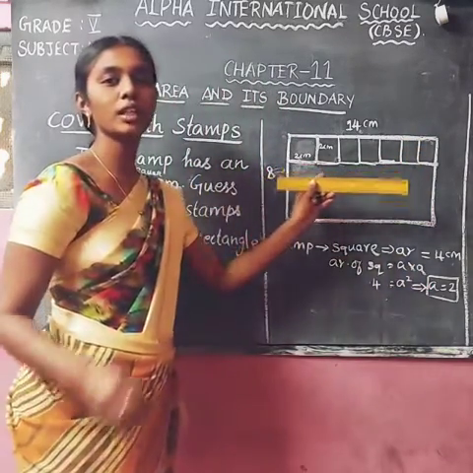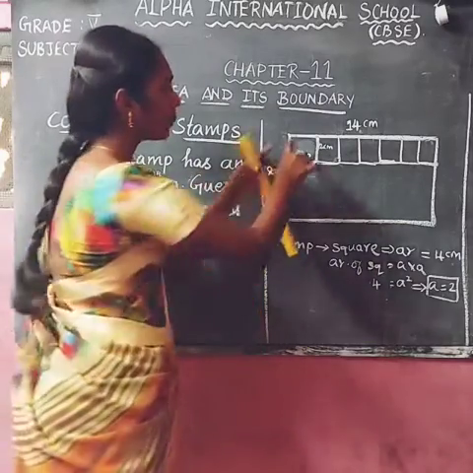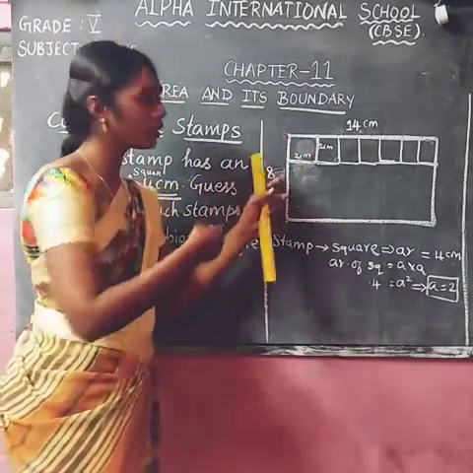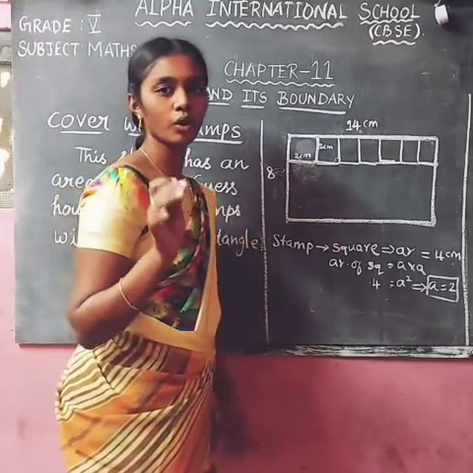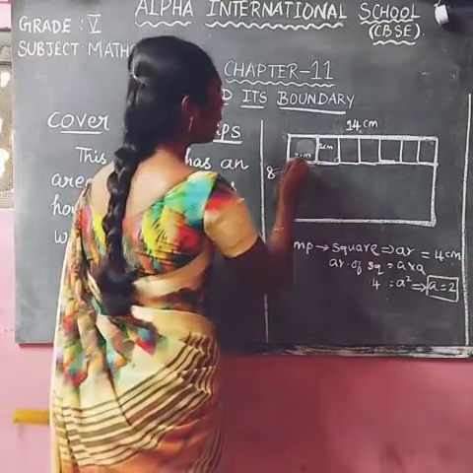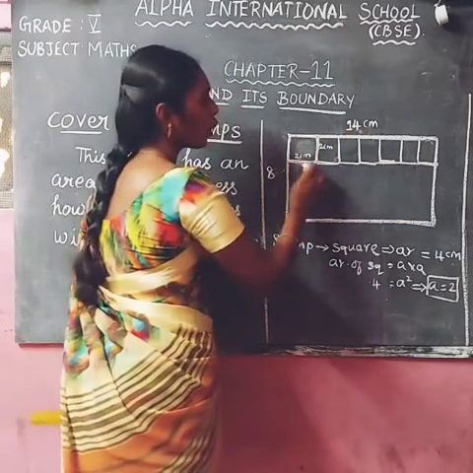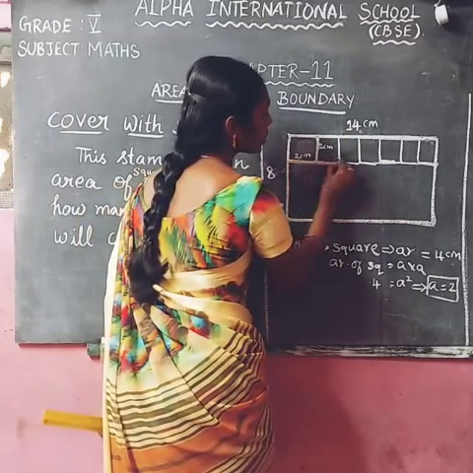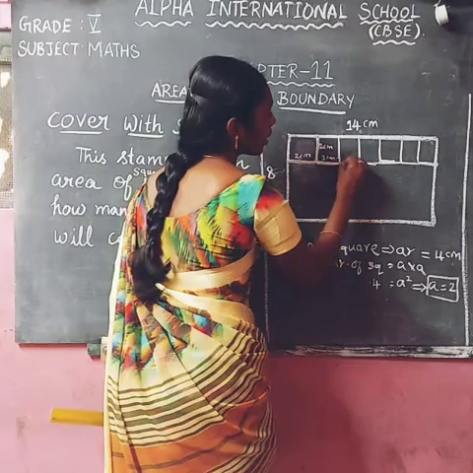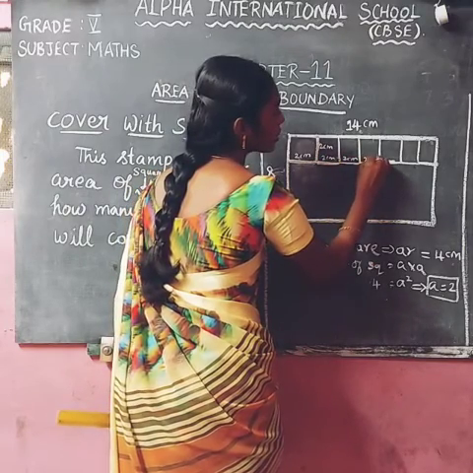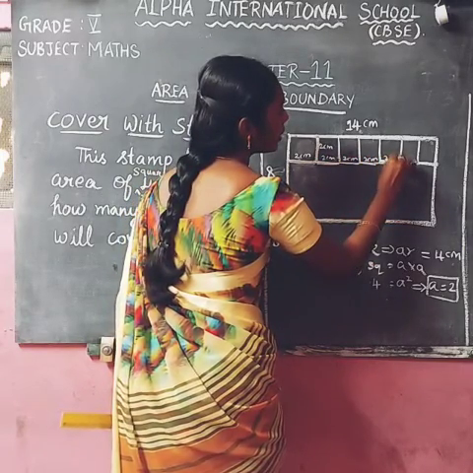If you measure it correctly on your scale, you will get a perfect square. Though I have done it on the board, the measurements are not all equal. Don't get confused. If this alone is 2 centimeter, and there is 14, how many columns? By keeping 2 centimeter distance, I can get 7 stamps in length.